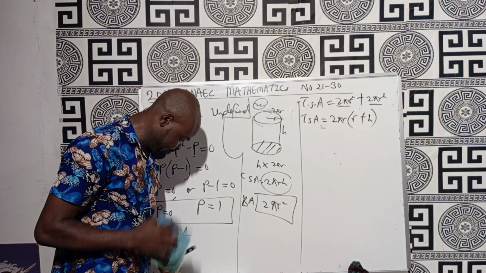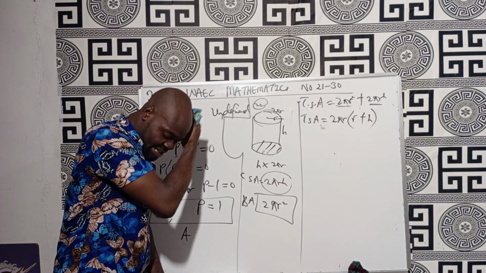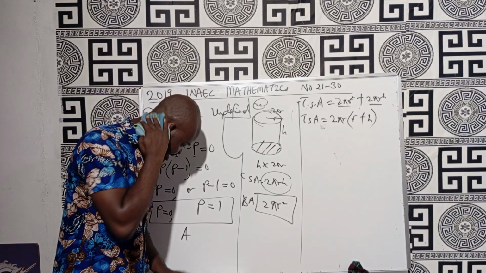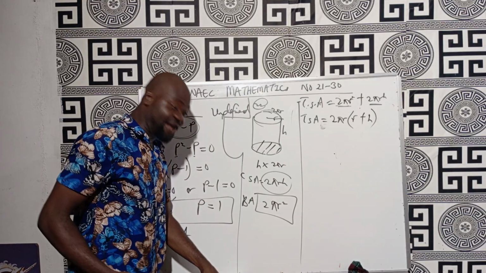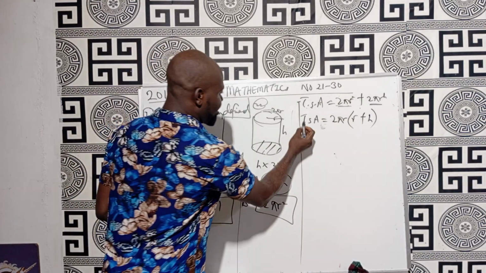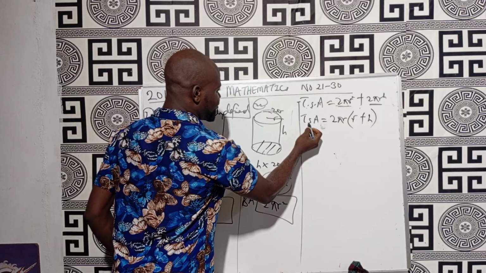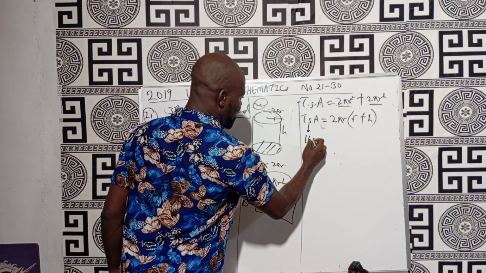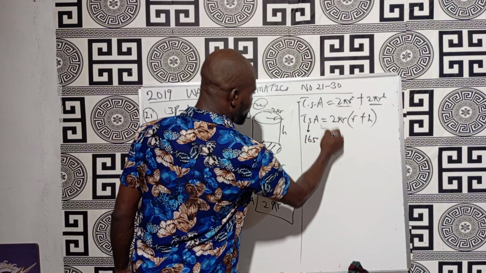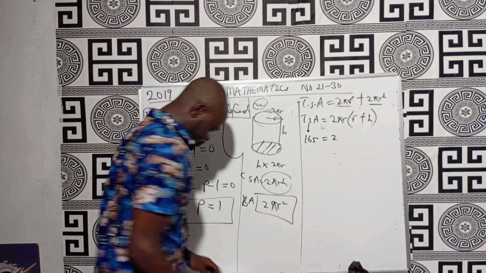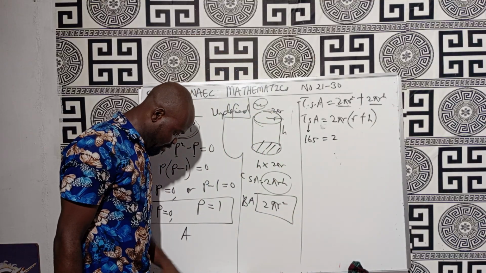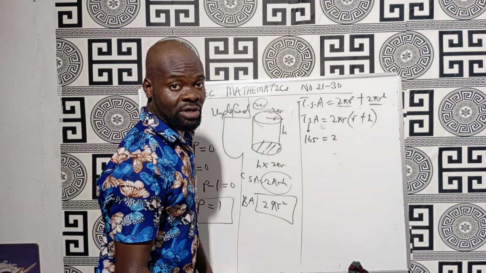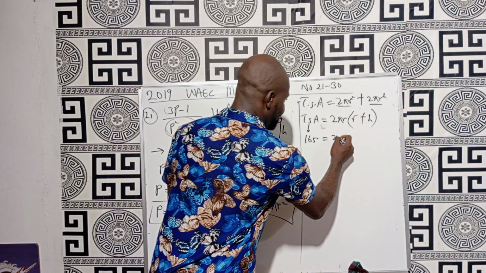Now let's apply this to the question here. It says the total surface area of a cylinder is 165. That means our TSA, total surface area, is 165, so I'm following this. It equals 2 times pi, and your pi is normally 22 over 7, right? 22 over 7 times.